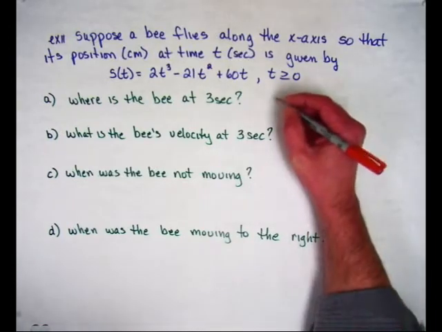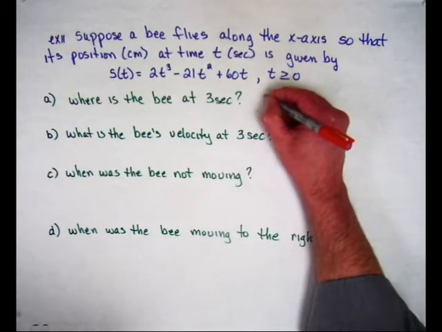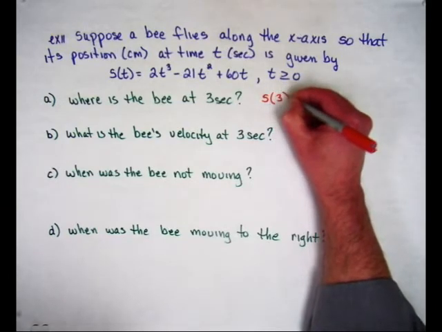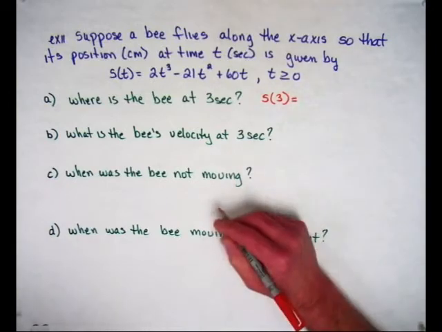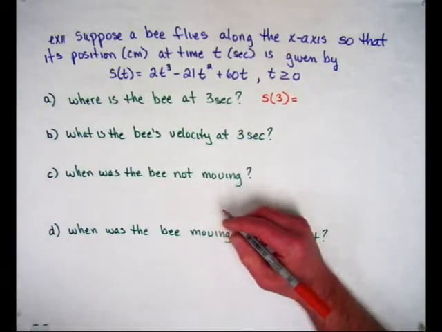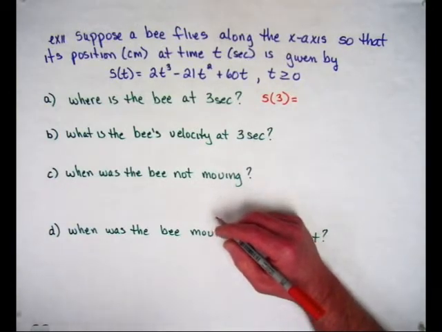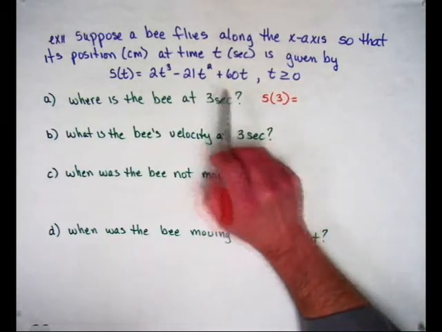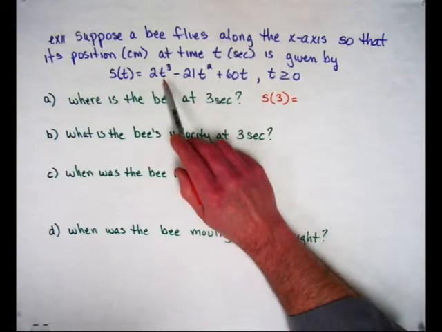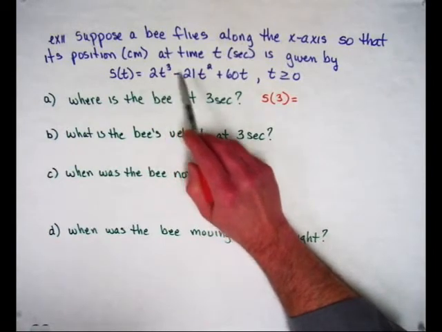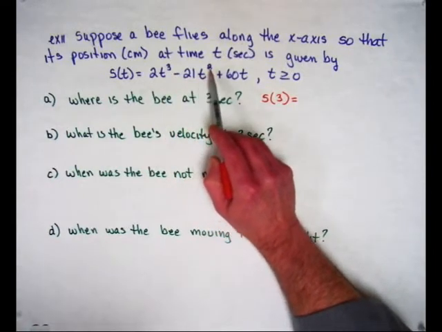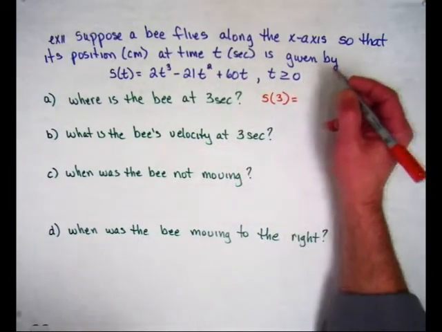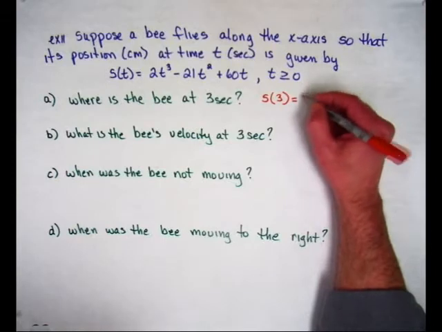So what we'd do for the first question is we would just say the position of the bee at the time 3 seconds is equal to, and then we would just plug the value of 3 into our function. Now I've done that already so we can save ourselves some time, but I'm plugging the number 3 in here for time, so I'm going to have 2 times 3 cubed minus 21 times 3 squared plus 60 times 3, and the answer turns out to be 45 centimeters.